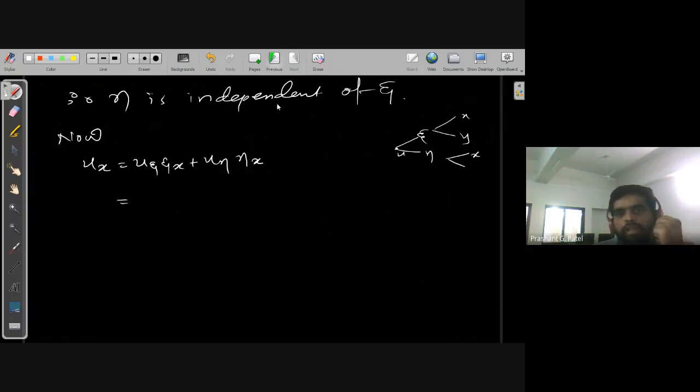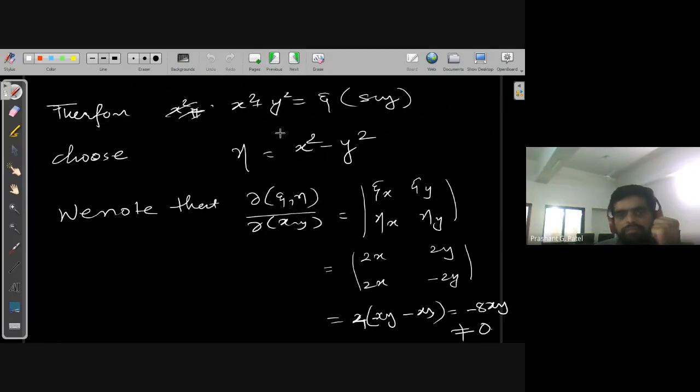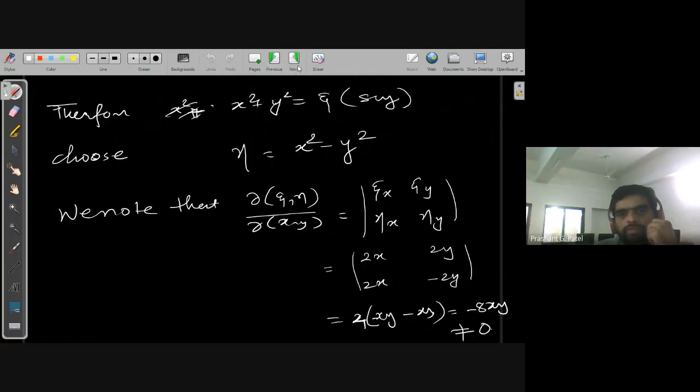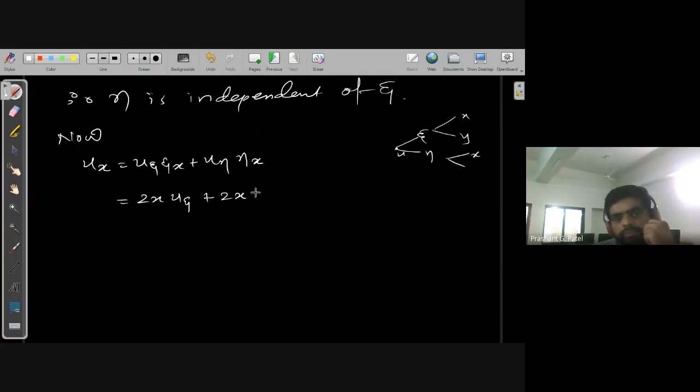Xi x we already calculated here, that is 2x. So this is 2x u xi plus eta x is also 2x. So that is 2x u eta.